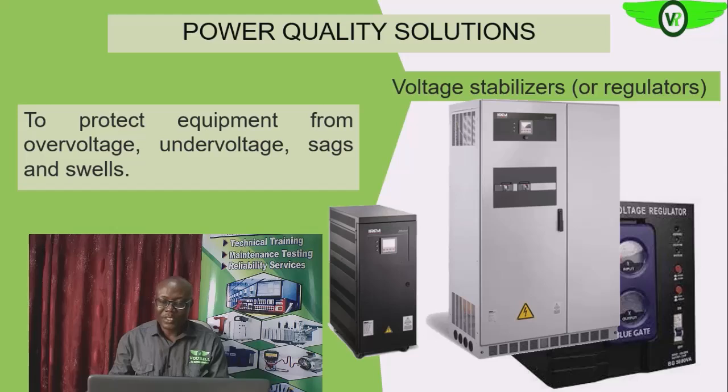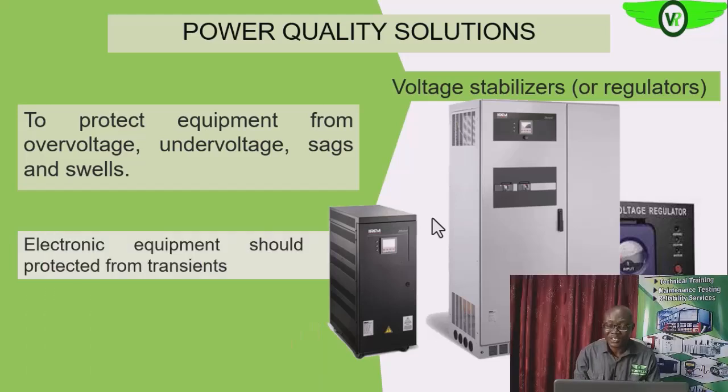So these are some of the voltage regulators that we have ordinarily. Then electronic components or equipment, remember those transients, if they go into your electronic system, they will destroy the components within the system.